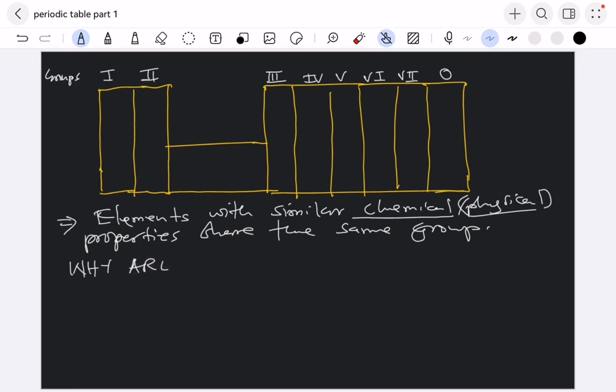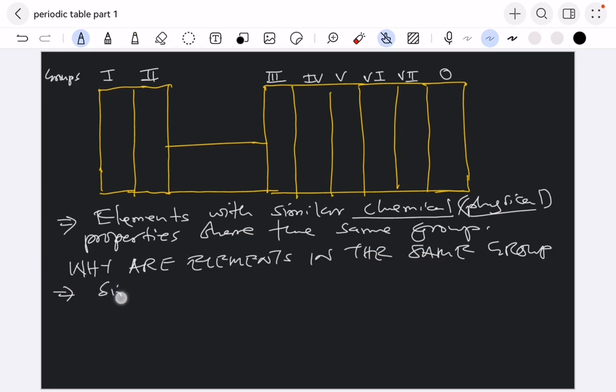Now, the question here is why are elements in the same group? They are in the same group because they have similar chemical behavior or properties.